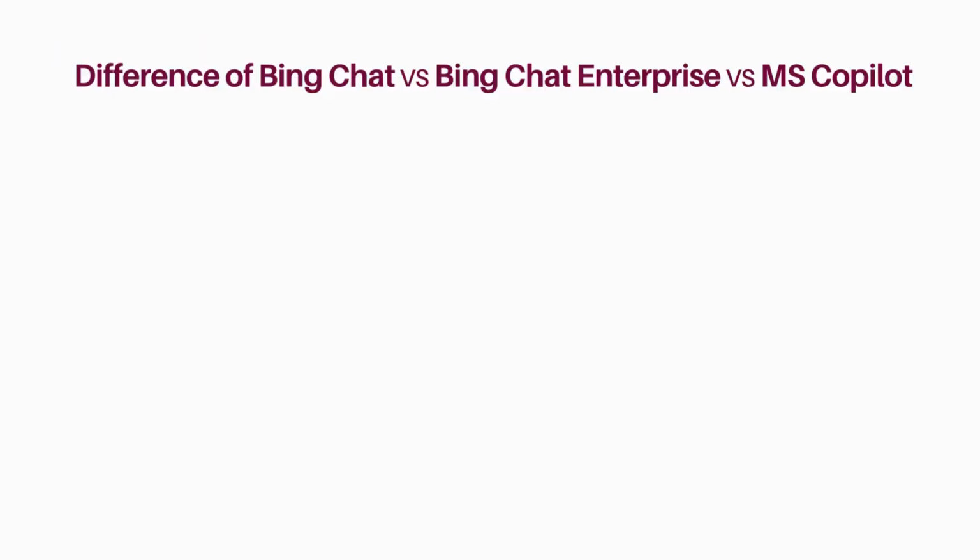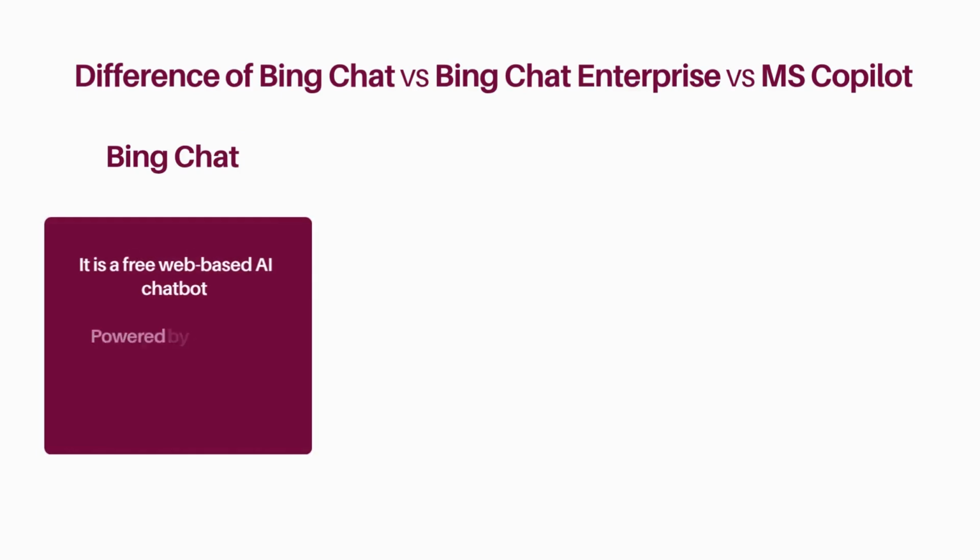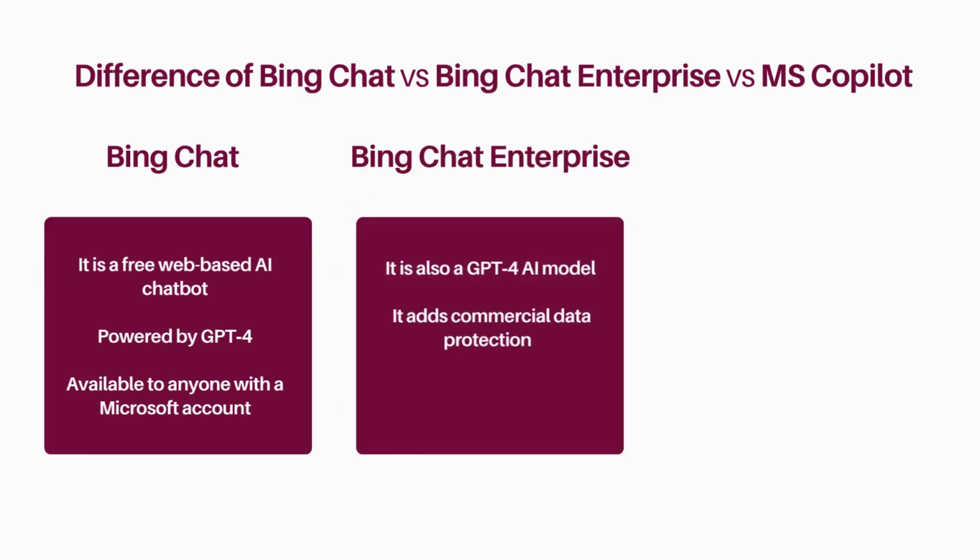Now, to clear up some common confusion, here's a quick comparison. Bing Chat is a free web-based AI chatbot powered by GPT-4, available to anyone with a Microsoft account. Bing Chat Enterprise uses the same GPT-4 model but adds commercial data protection and is included with certain Microsoft 365 licenses.